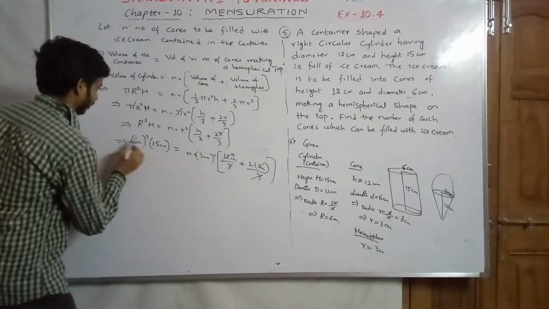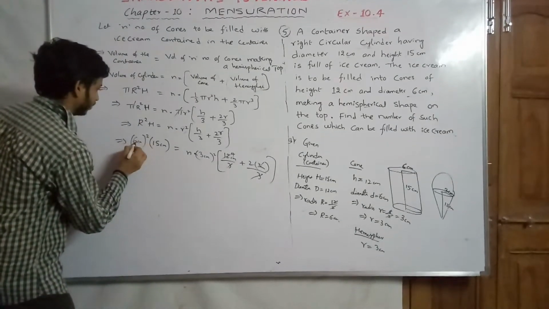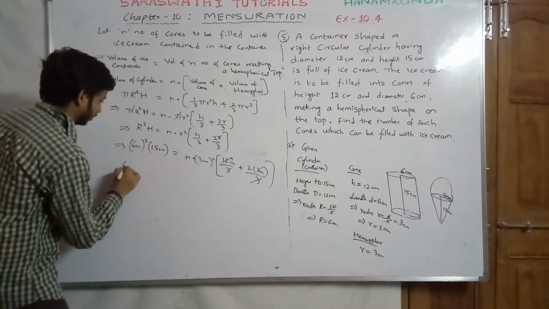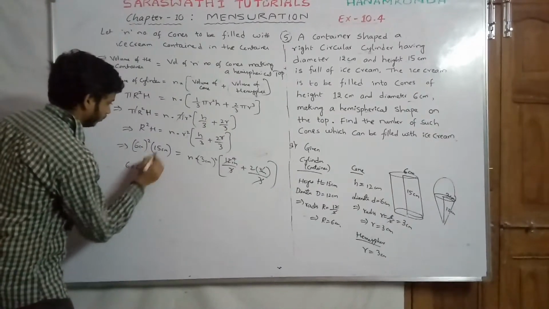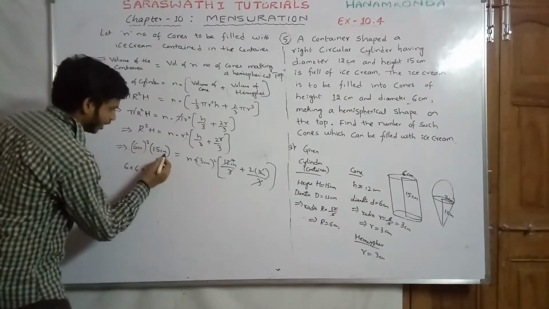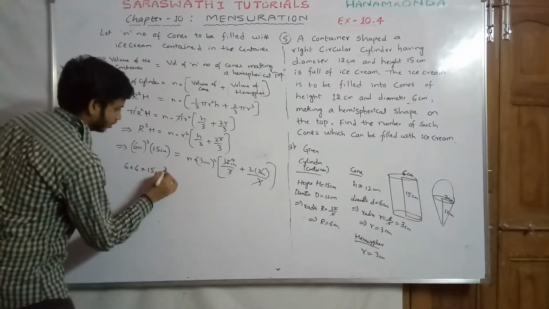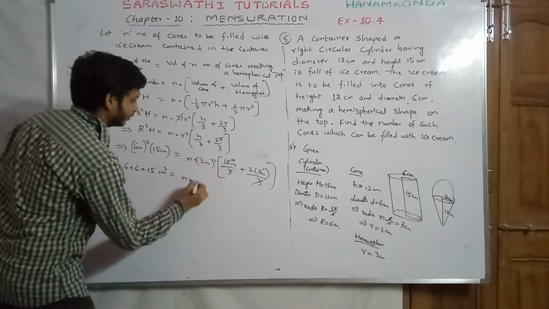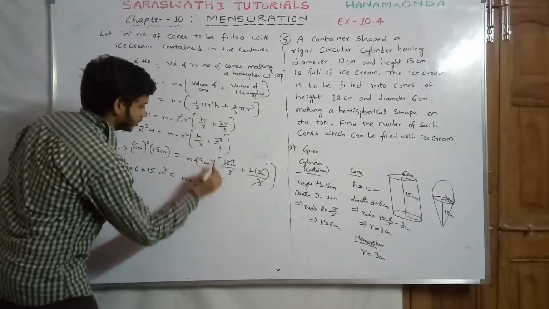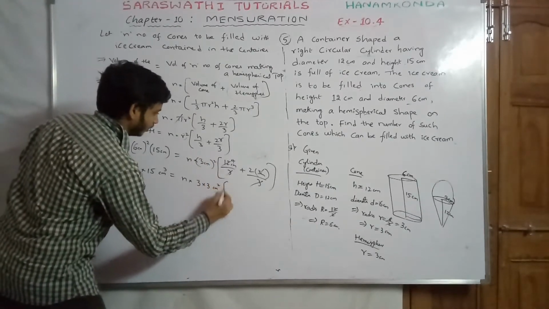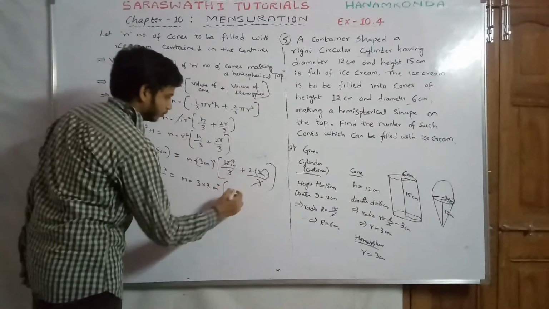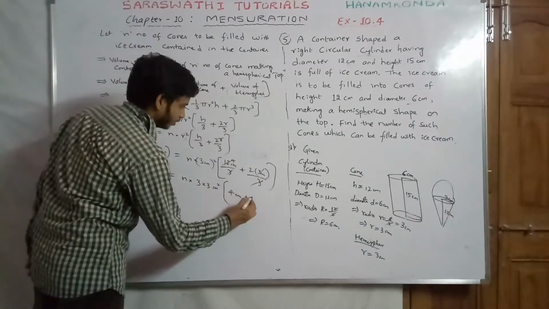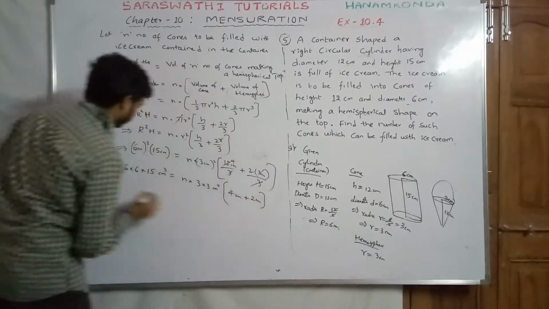Again, (6 centimeters) whole square, that means 6 square is 6 into 6, into 15, here centimeter square and centimeter, that means cubic centimeters, equals n into (3 centimeters) whole square, that means 3 square is 3 into 3, centimeters square, into (4 centimeters plus 2 centimeters).